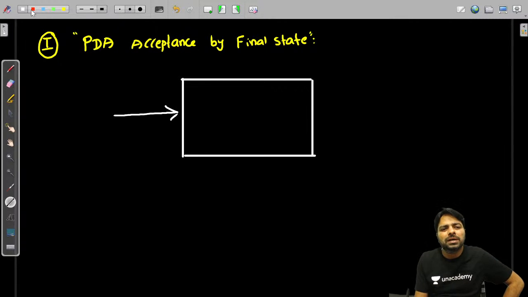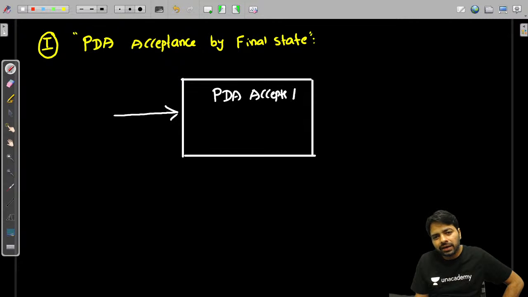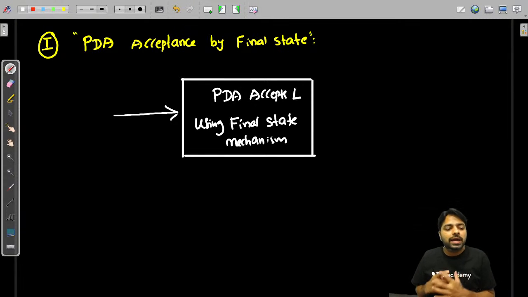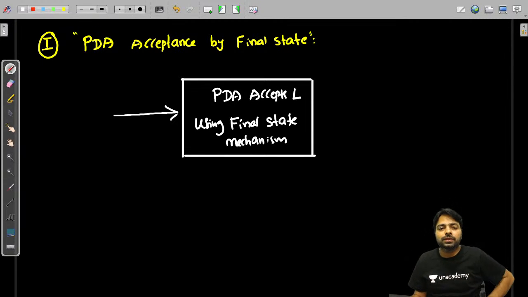So I'm assuming this PDA accepts L using the final state mechanism, because I am designing it, I know it. How do I design? It's my decision. I can design final state, I can design empty stack, I can design using both.